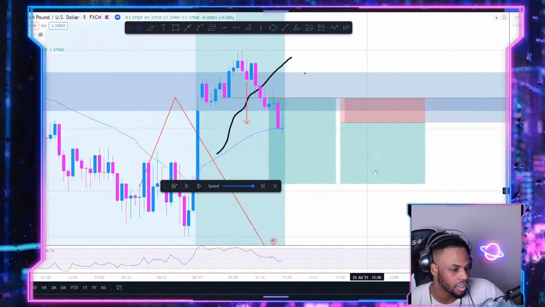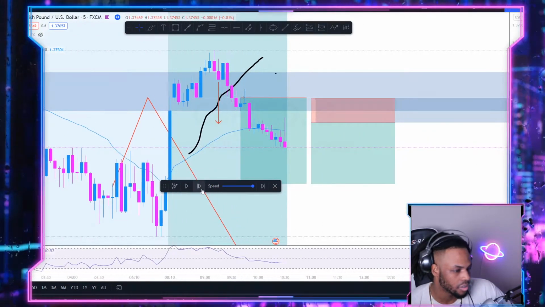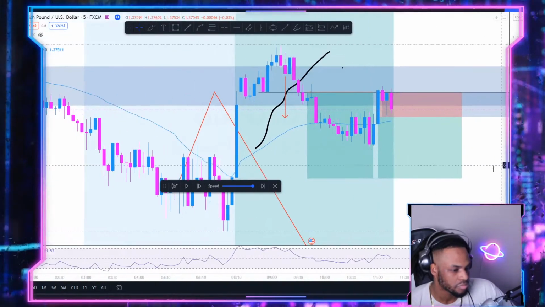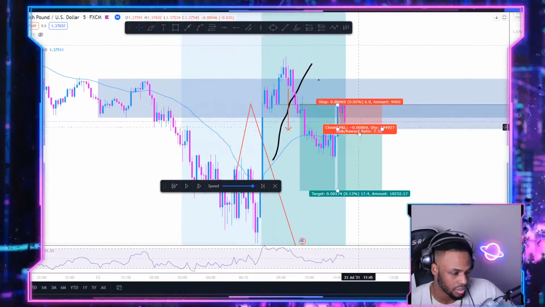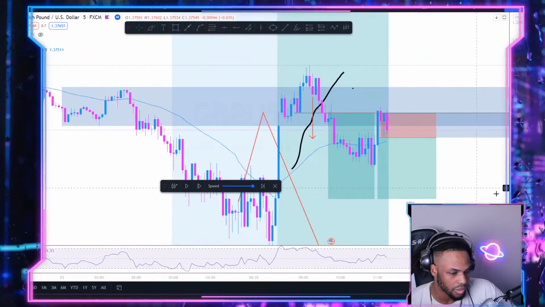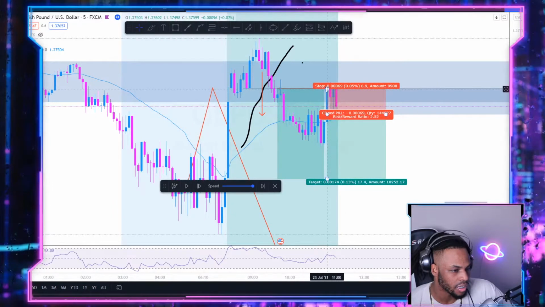So, all right, second entry is triggered. All right, boom. All right, so right here. And when this one gets to 1-to-1, that's also going to break even. So whenever I get 1-to-1 on these positions, that's when I'm break even. So let's go ahead and do that.